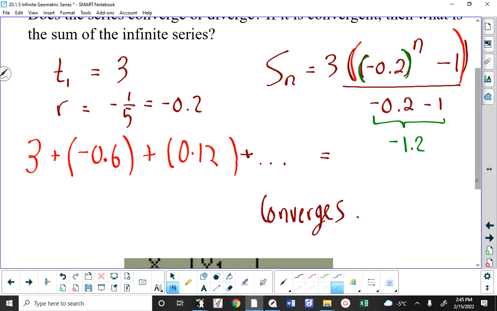Then I'm asking you to add an infinite number of terms. And since as n gets bigger, the sum approaches 2.5, the sum of the infinite series is 2.5. And I know you can never get there, but we still say the sum of the infinite number of terms is 2.5 if you could get there.